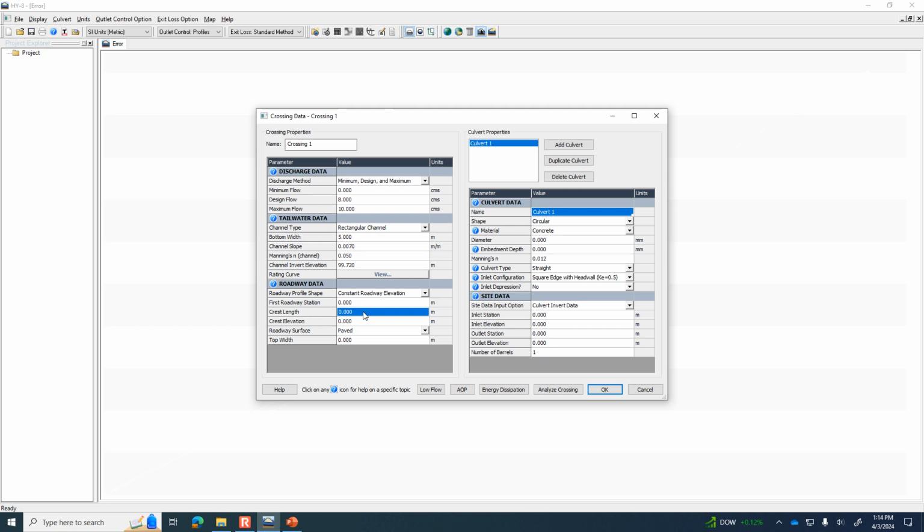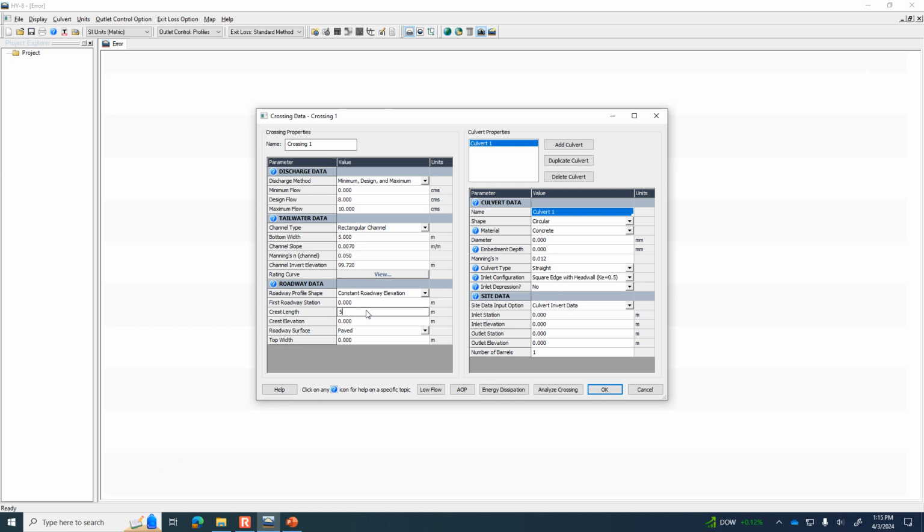It would flow over the road if the water continues to rise the entire width of the channel. So let's just say that the crest length is 5 meters. It doesn't matter, by the way, for our hydraulic calculations, because nothing that we're trying to find out involves overtopping. So we could say the crest length is 5 meters or 5,000 meters.